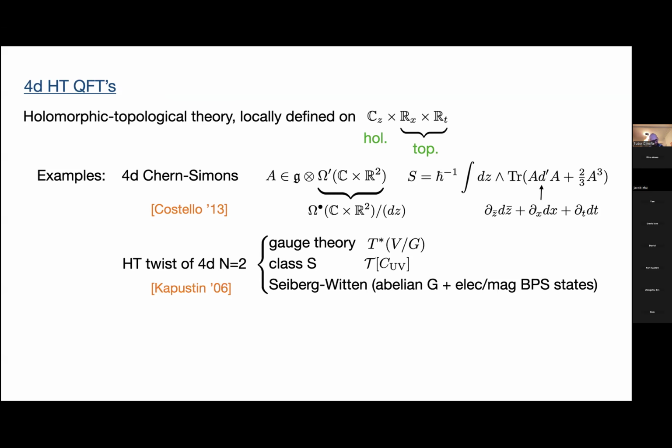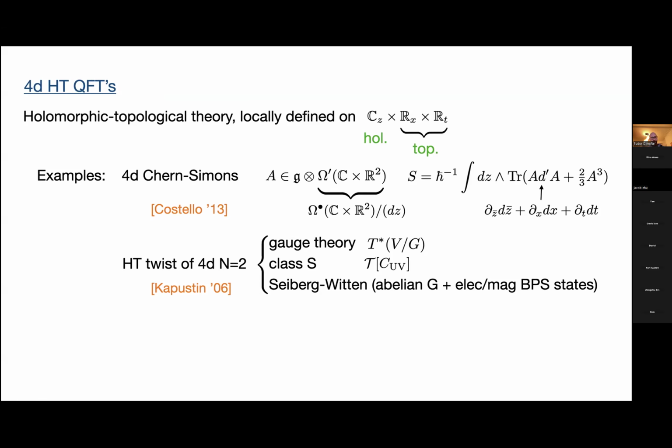Another example of physical theories like this are so-called holomorphic twists of 4D N=2. And this comes in multiple flavors. There are, for example, gauge theories defined by a group and a representation.